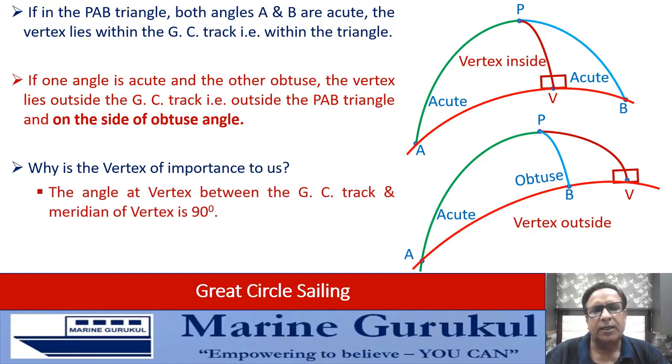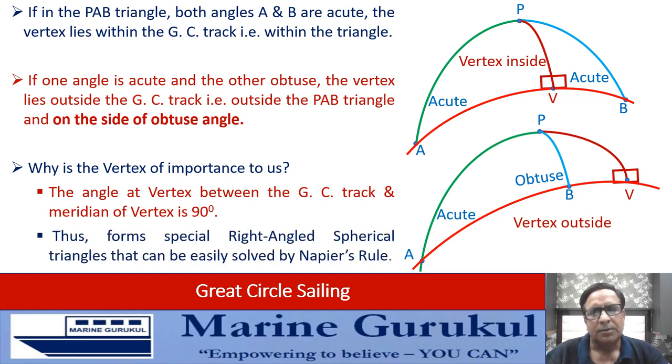So this angle at the vertex between the GC track and the meridian of the vertex is 90 degrees, a very, very important feature. Why? Because this gives us a special spherical triangle called a right angled spherical triangle, and such triangles can be much more conveniently solved using Napier's rule.